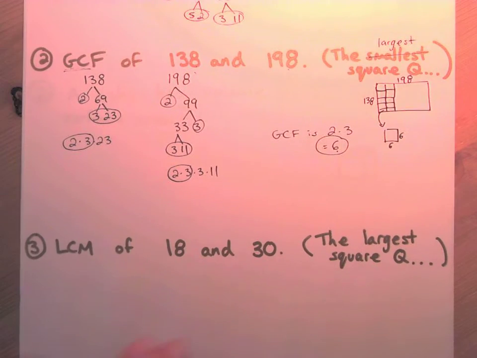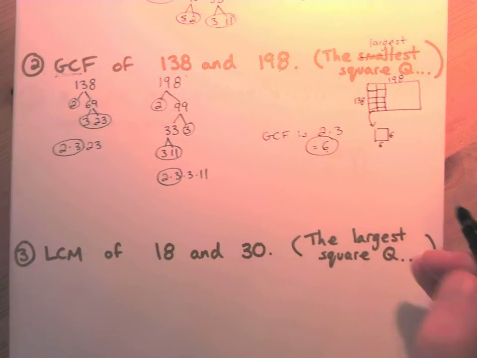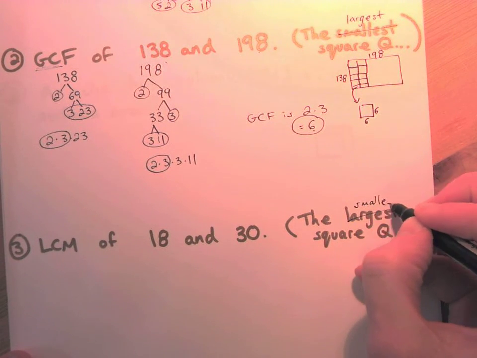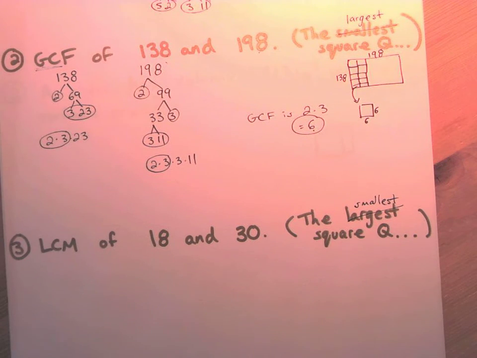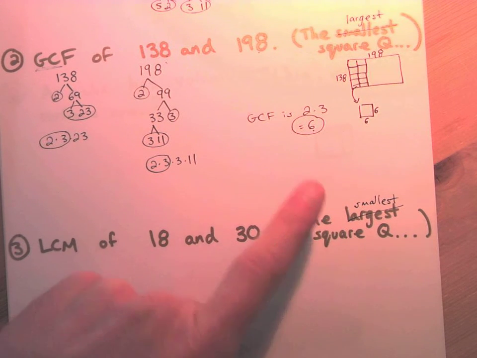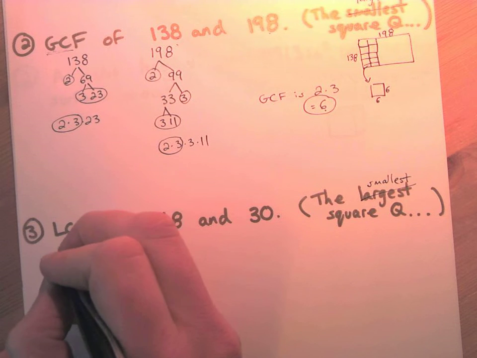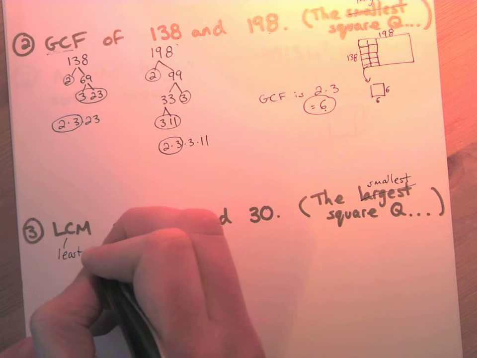Okay, now we're going to move on to LCM, and we'll notice that there's a different type of question to do with tiling that corresponds with LCM. What's LCM? It's least common multiple.